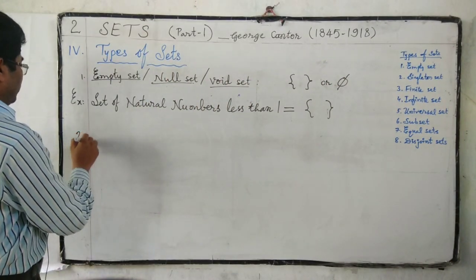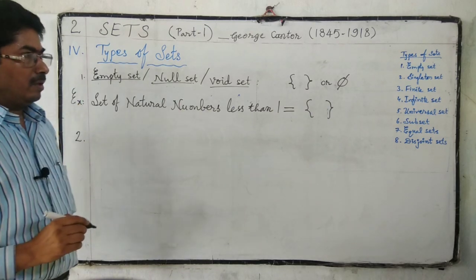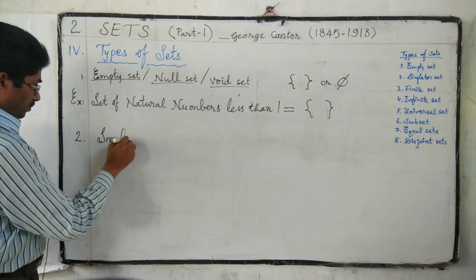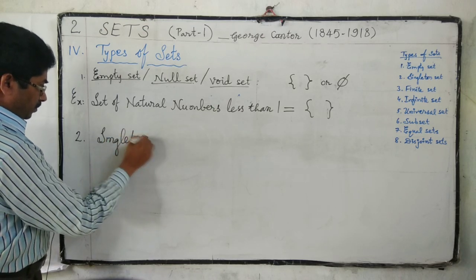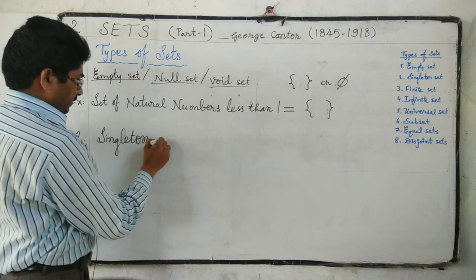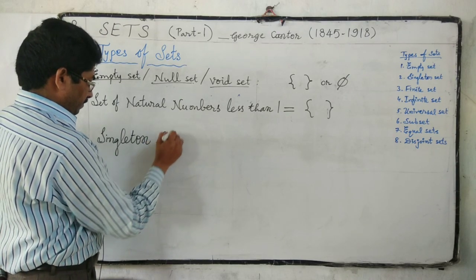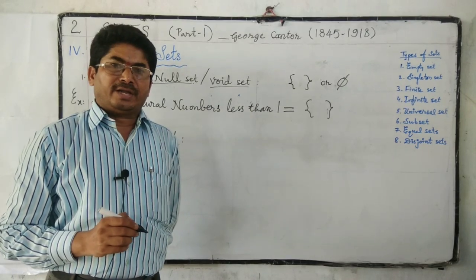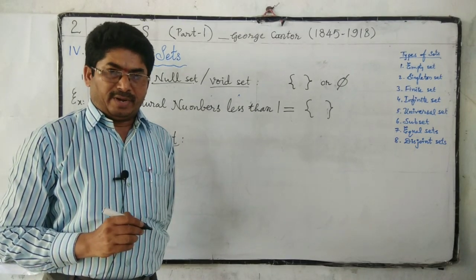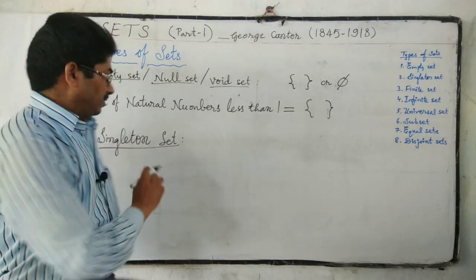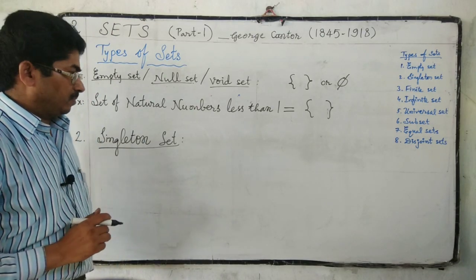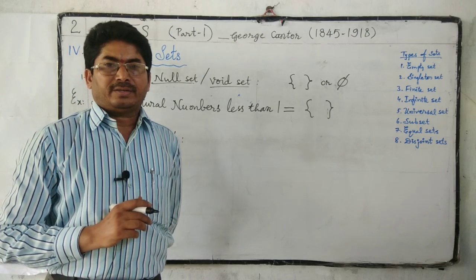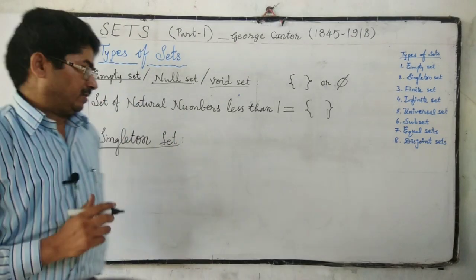Next, second one, singleton set. If a set contains only one element, it is called a singleton set.